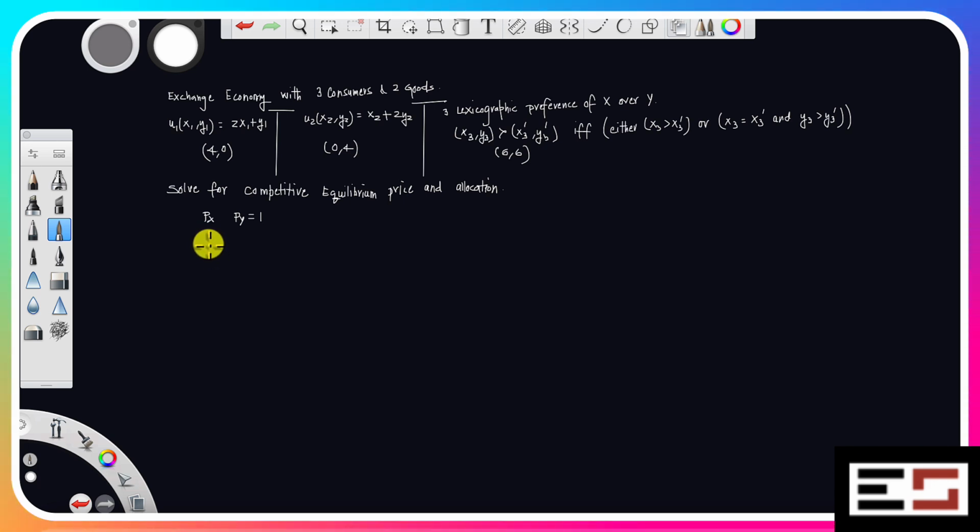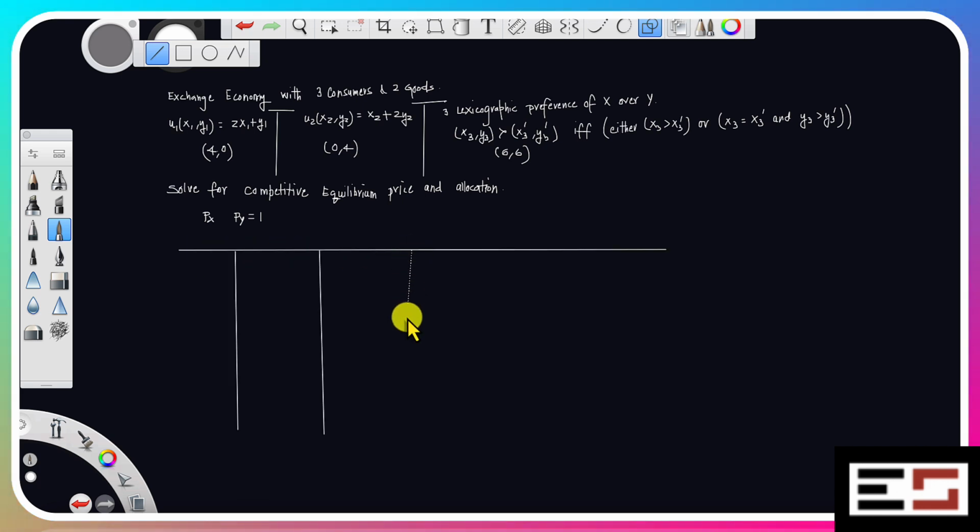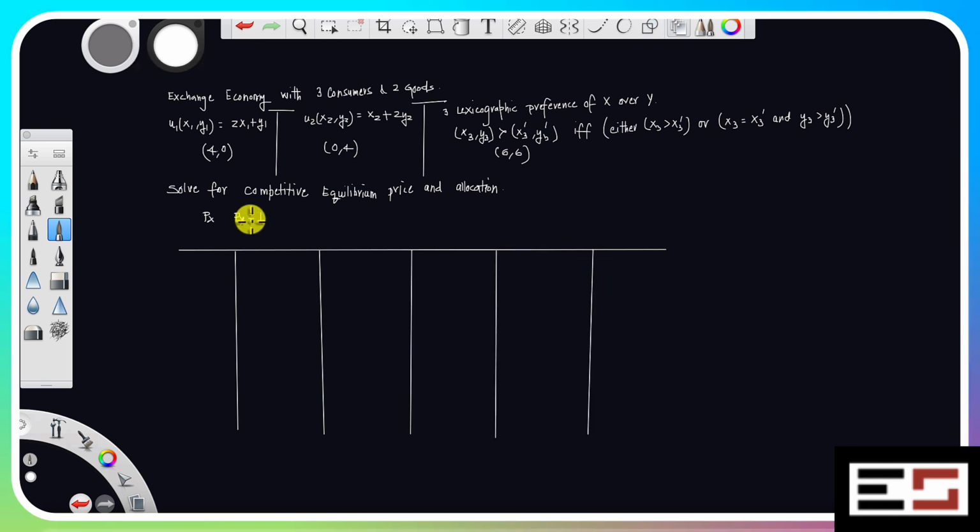So let me just draw a table. These are the possibilities for price of x. At price px, this is the demand for x by consumer 1.